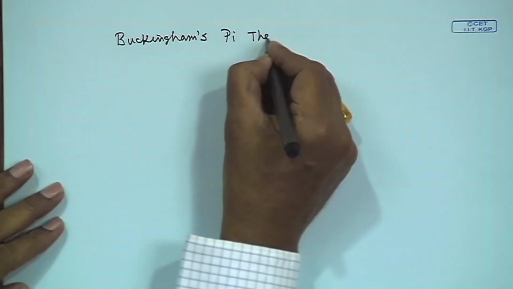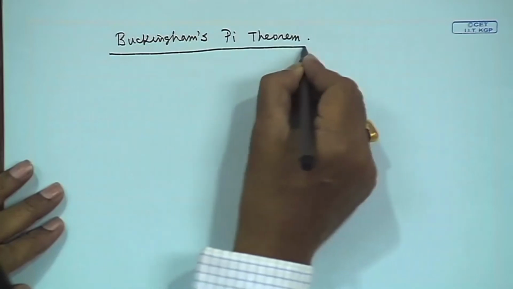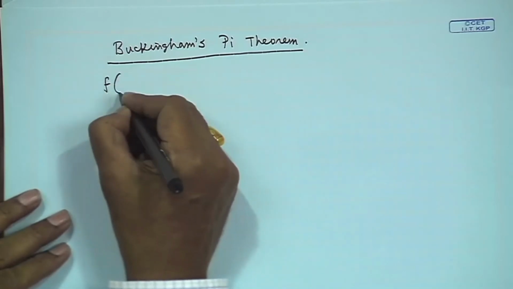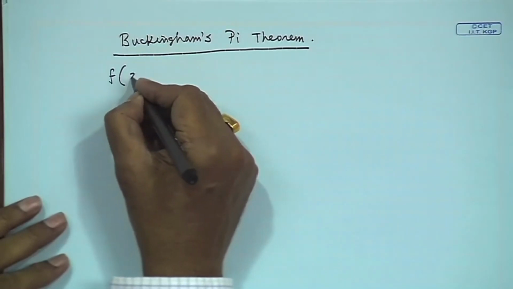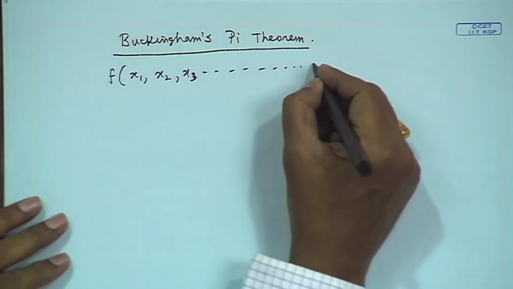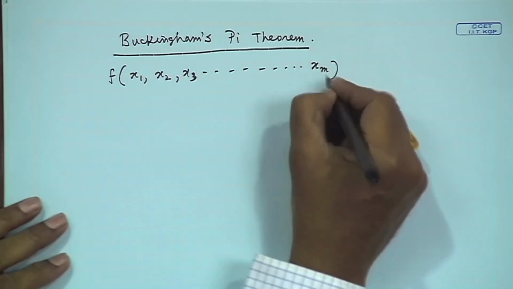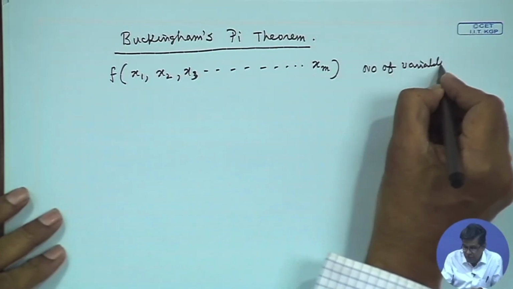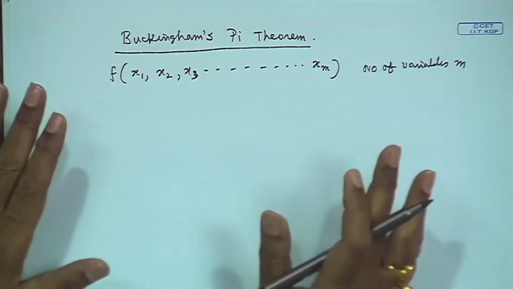According to Buckingham's pi theorem, if a problem is defined by a number of physical dimensional variables, let x1, x2, x3, up to m number of variables, then Buckingham, from his intuitive thinking, found that due to dimensional homogeneity, the number of independent non-dimensional terms governing this problem or process will be less than the number of dimensional counterparts, that is m.